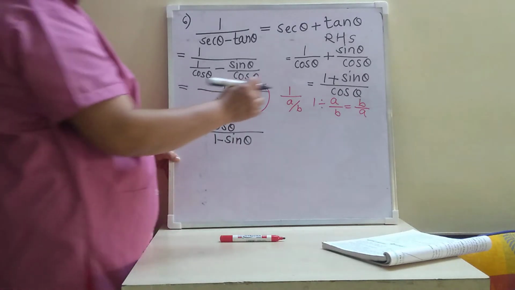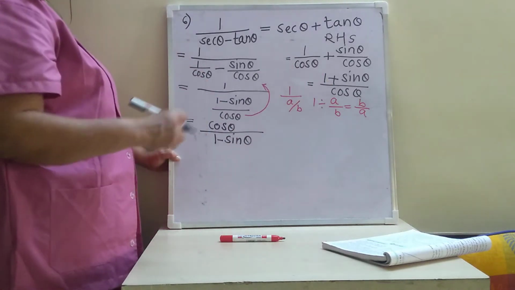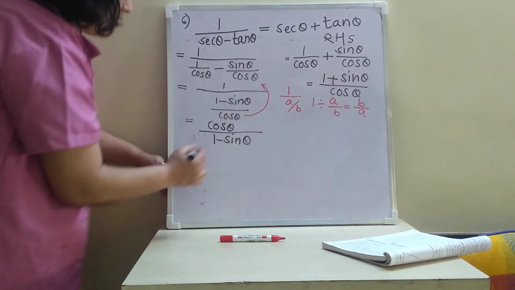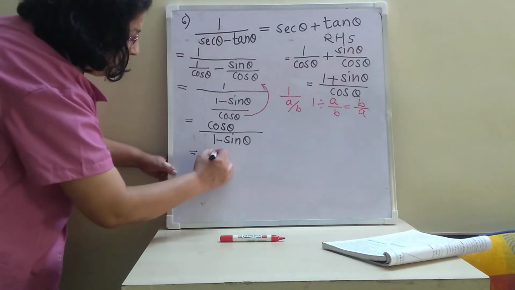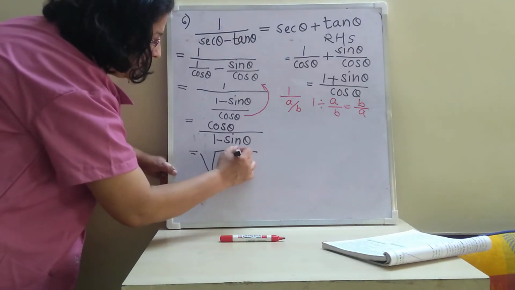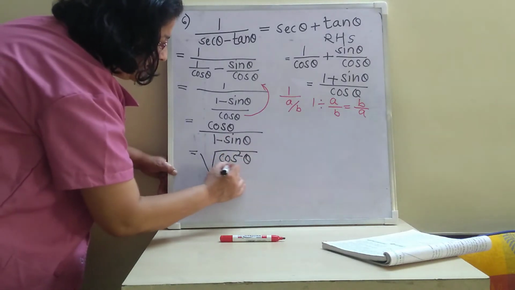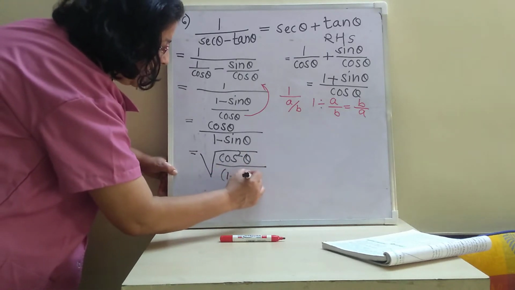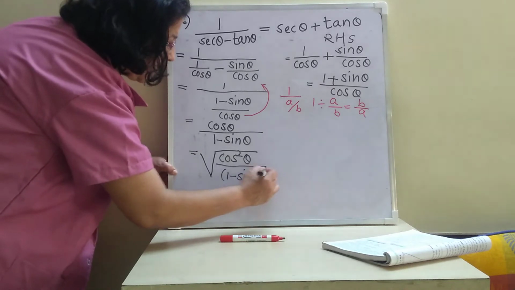But the problem is that down here there is cos theta. And yesterday I told you the identity, how to convert this to cos theta. If I want to convert, I'll put it in the square root sign. What will I get? Cos square theta. Understand how I'm doing it? Then it is 1 minus sin theta bracket square.